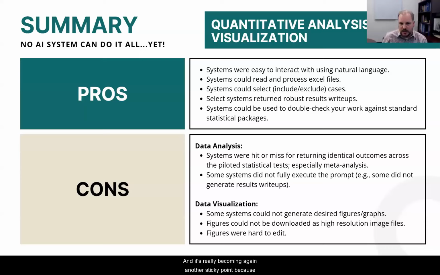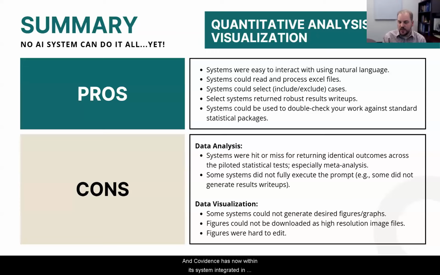And it's really becoming, again, another sticky point because a lot of the classic systems that I have used as a researcher, for example, I do a lot of systematic reviews and meta-analyses, and I use Covidence, for example, which our library has a subscription to.